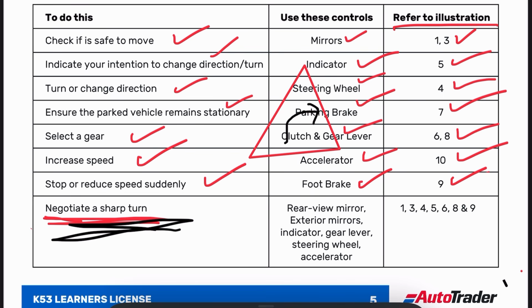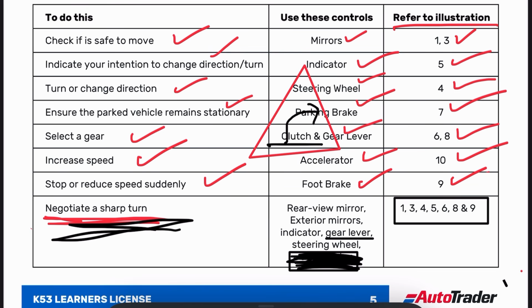Firstly, let me say this. All these numbers are correct there, except here, the accelerator is incorrect. You don't accelerate. It's not supposed to be written there. Then the gear lever: you can't use a gear lever alone. You must use clutch and gear lever.